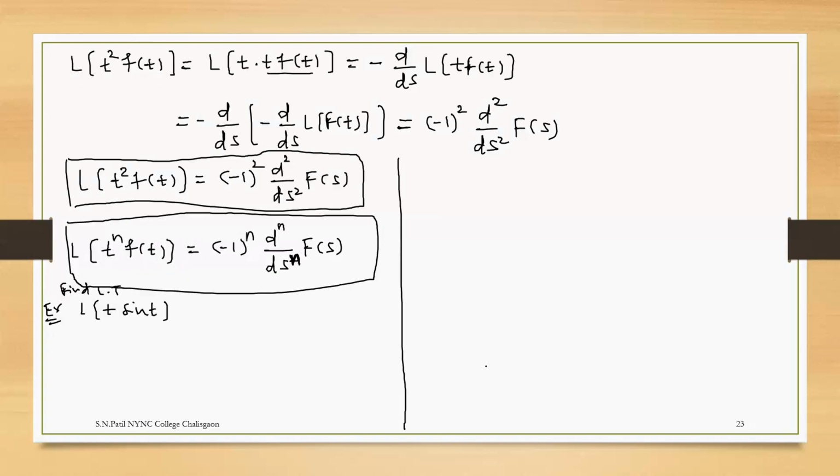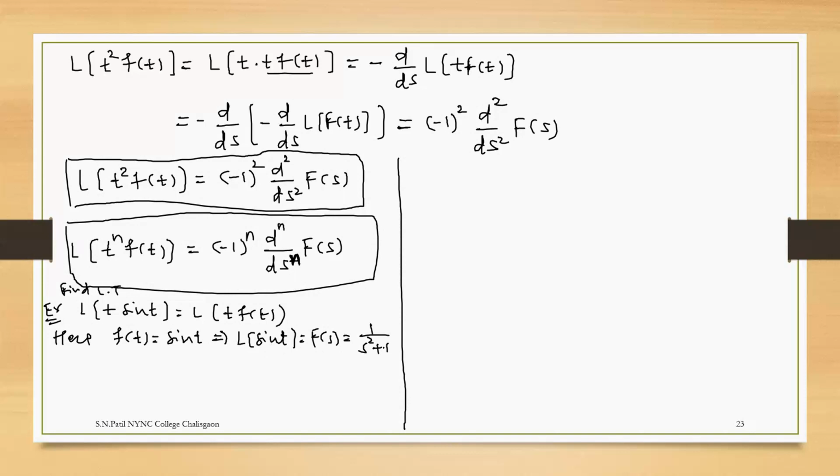Here f of t is equal to sine of t, and we know Laplace of f of t, that is Laplace of sine t, is equal to F of s, and the Laplace of sine t is 1 upon s square plus 1.